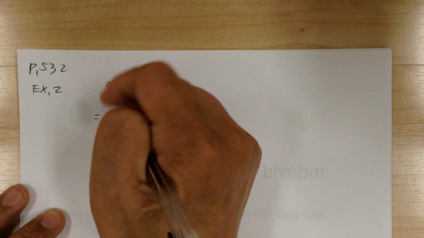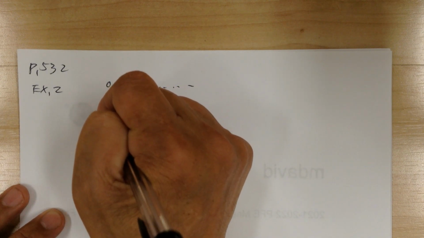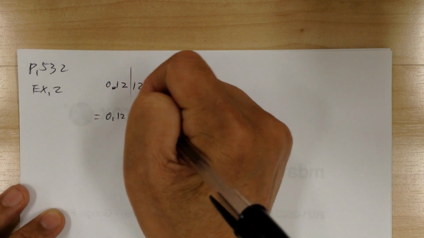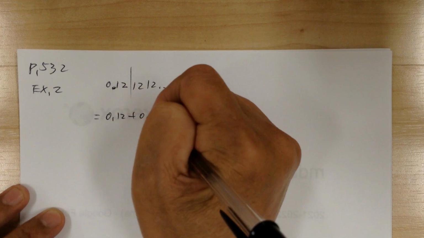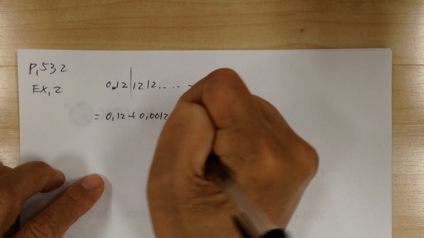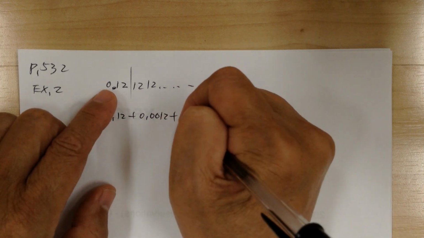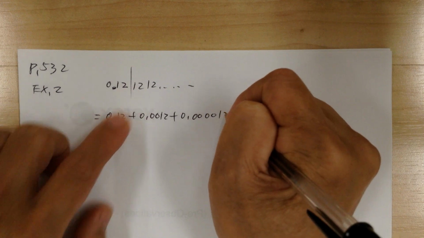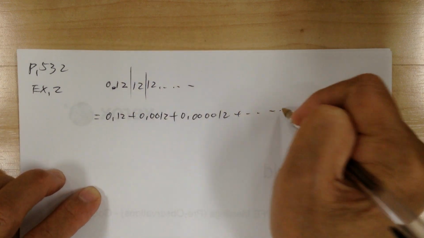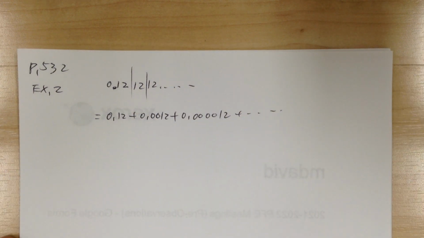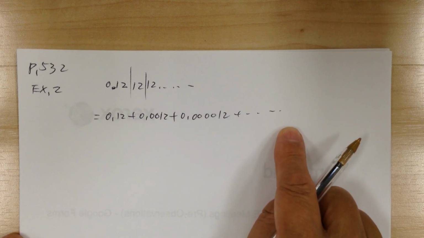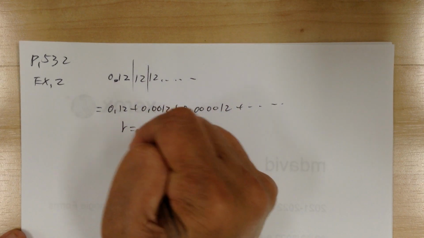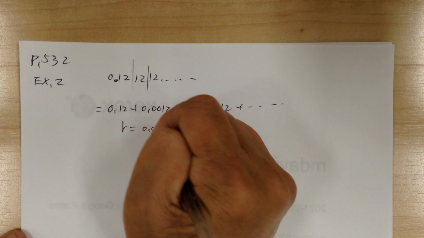So make this equal to 0.12, plus 0.0012, plus 0.000012, plus dot dot dot. So now this becomes an infinite series with r equal to 0.01.